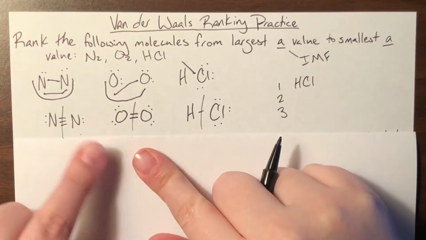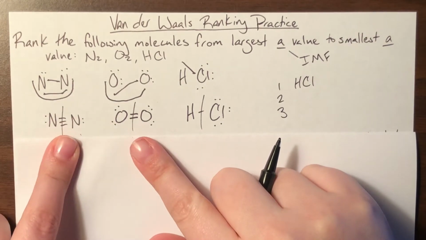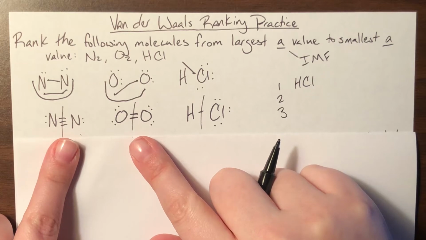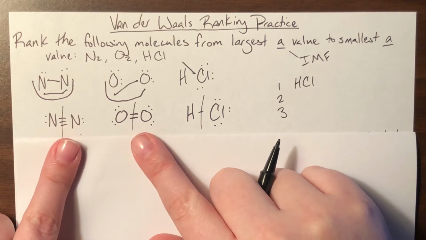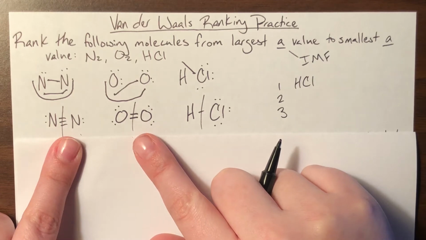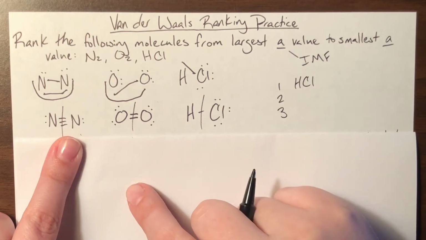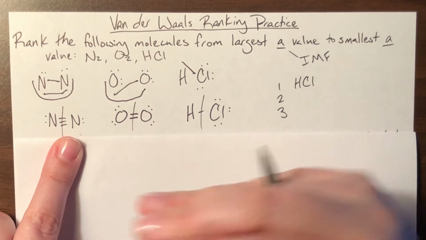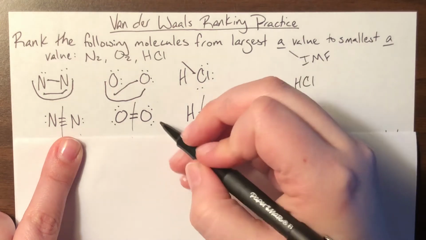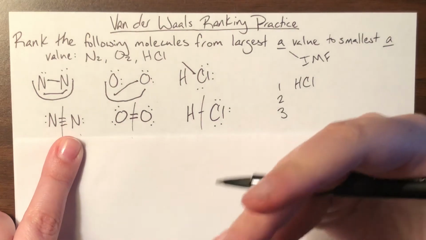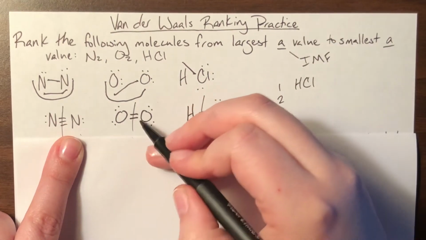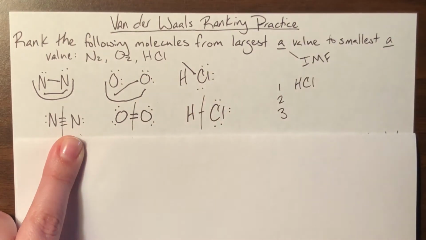And now I need to differentiate between nitrogen and oxygen to see which one is going to be more polar than the other. So I have two things on either side. They are both very symmetrical, and now specifically I'm going to see how many lone pairs of electrons I have, because we do have a little bit of a dipole moment there where my lone pairs of electrons can attract things differently than electrons that are locked into a bond.